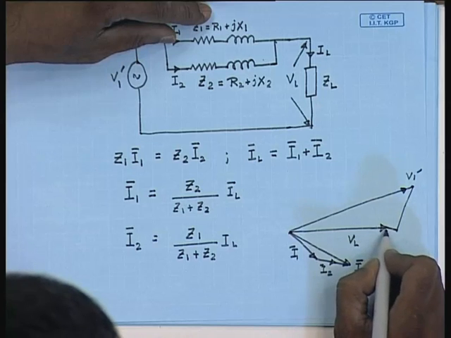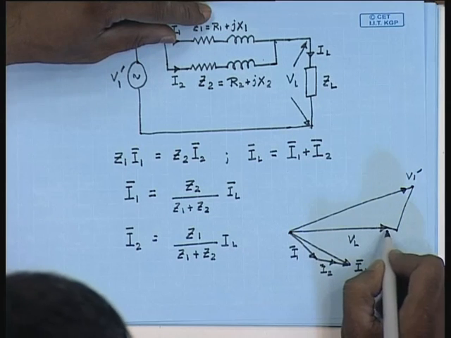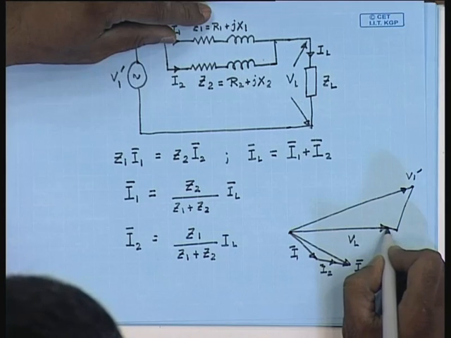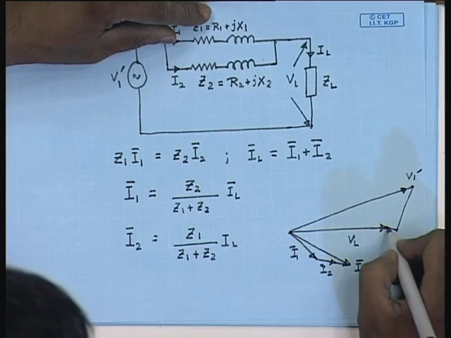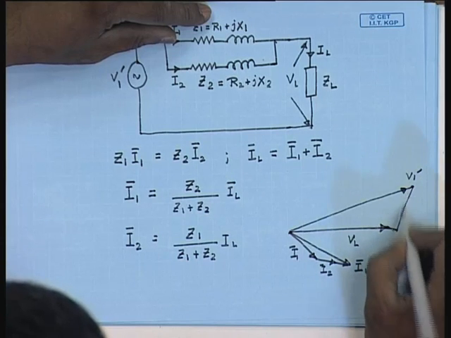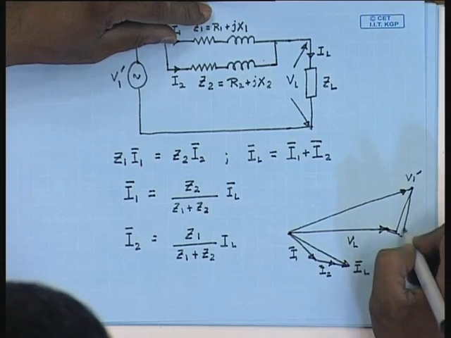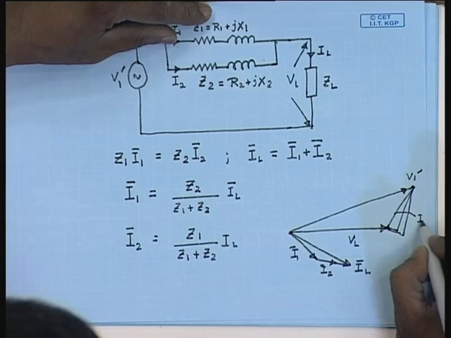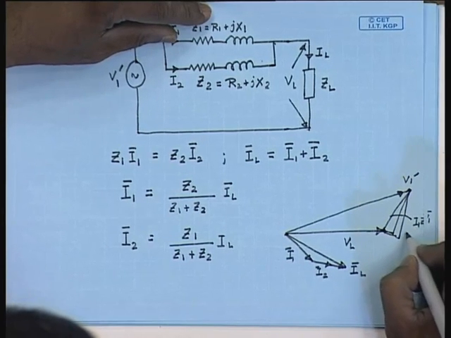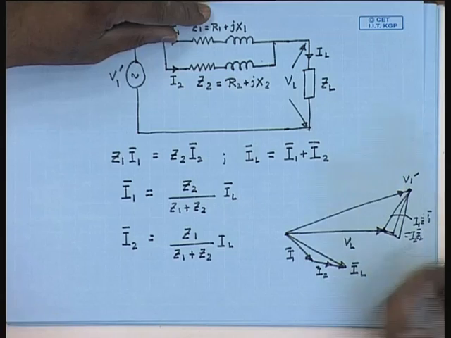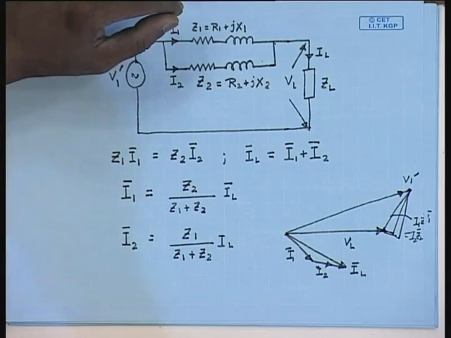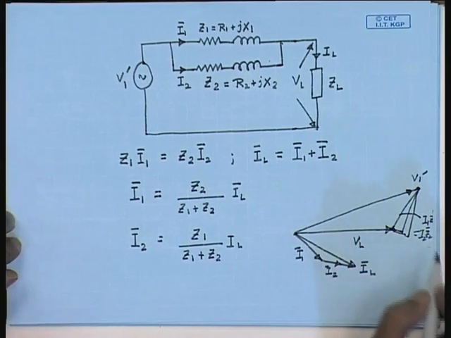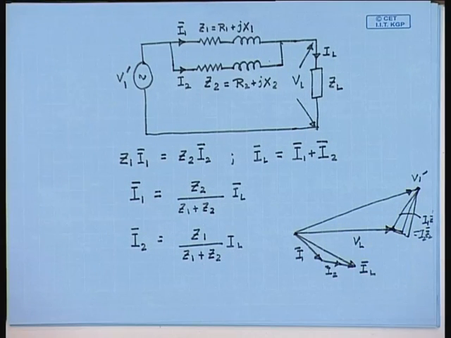Similarly, this is equal to I1 Z1 equal to I2 Z2. This is how the phasor diagram will look like.